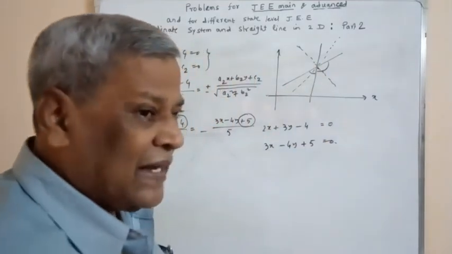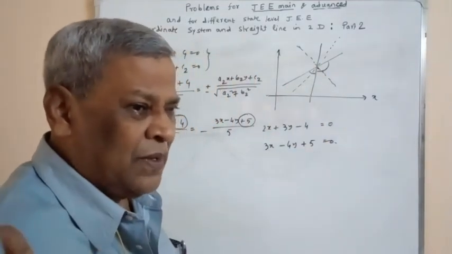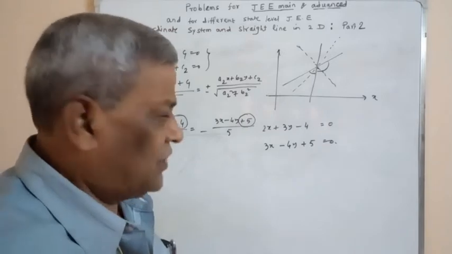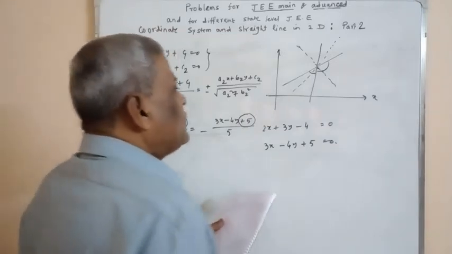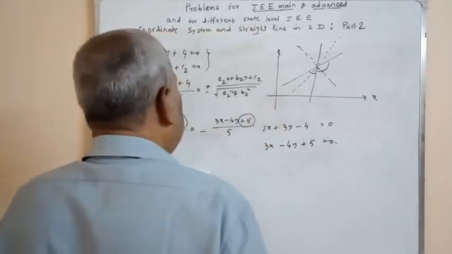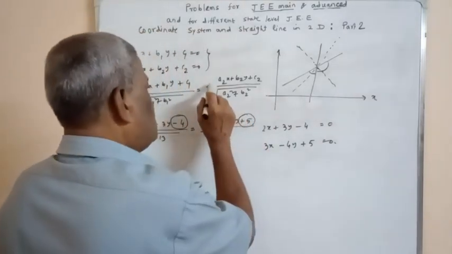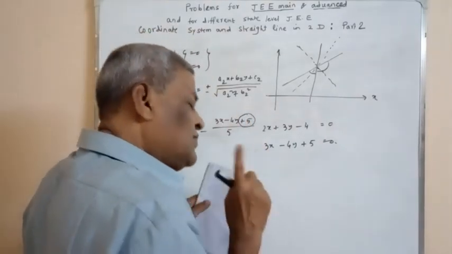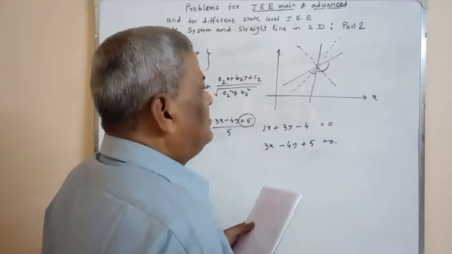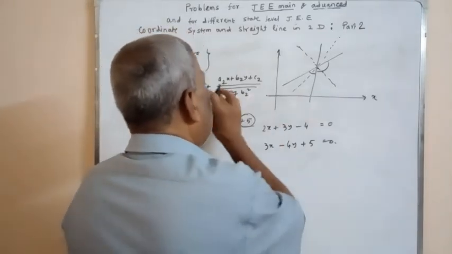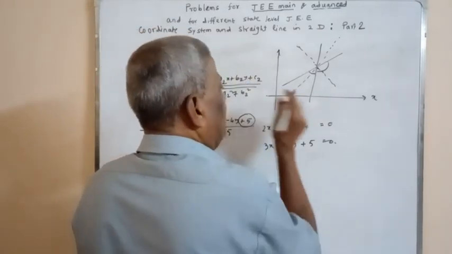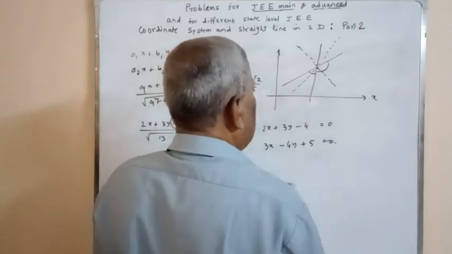There is no such straight-cut method by observation. In this case, we have to find these two equations, this and that, and simplify any one of them. Suppose by using the positive sign, you find an equation.